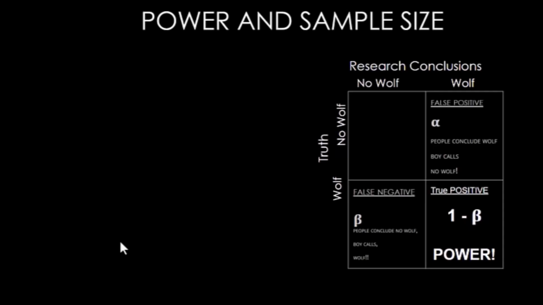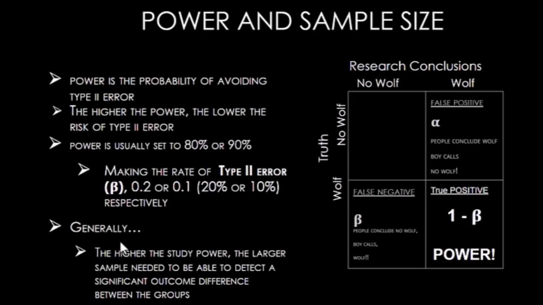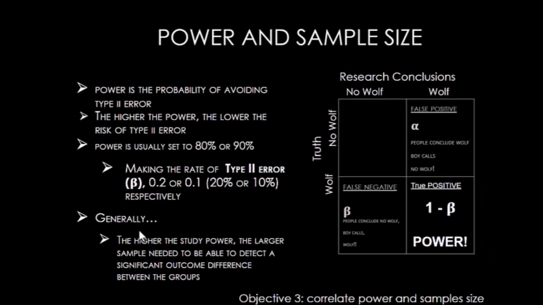The reason we go through all this previous information is to get to power and sample size that you will be reading about in your research articles. Power is the probability of avoiding a type 2 error. So mathematically, since type 2 error is beta, power is 1 minus beta. The higher the power, the lower the risk of type 2 error.